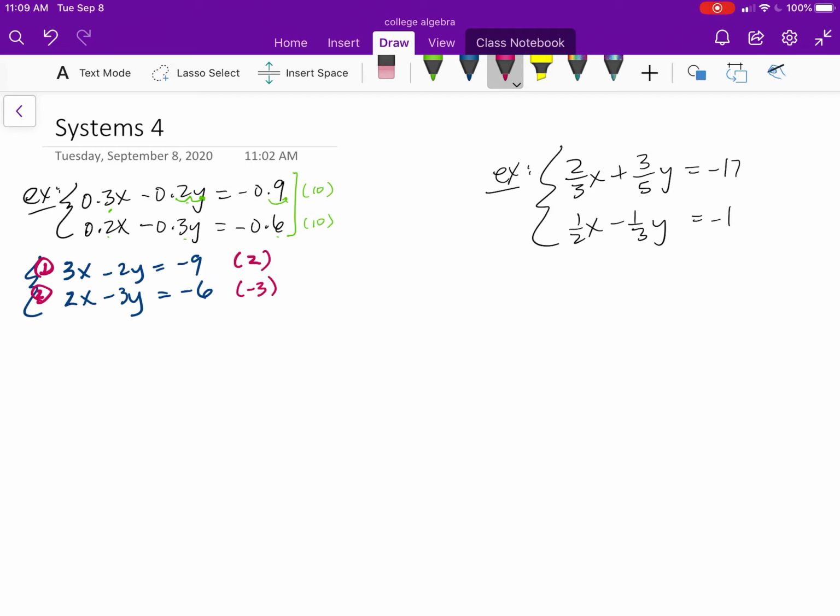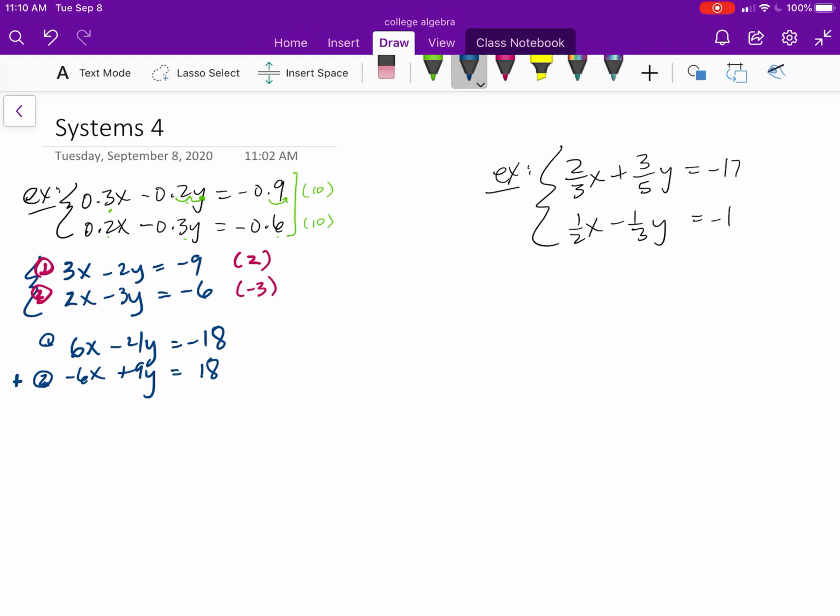So the new equation 1 would be, multiplying everything by 2, 6x minus 4y equals negative 18. Equation 2 would become negative 6x plus 9y equals positive 18.